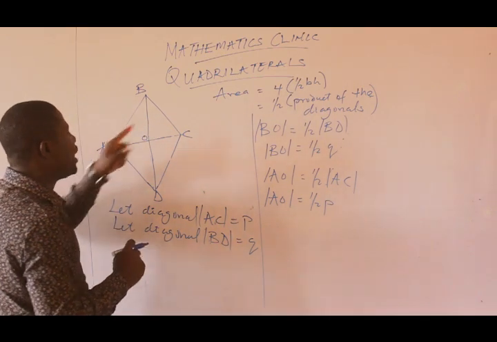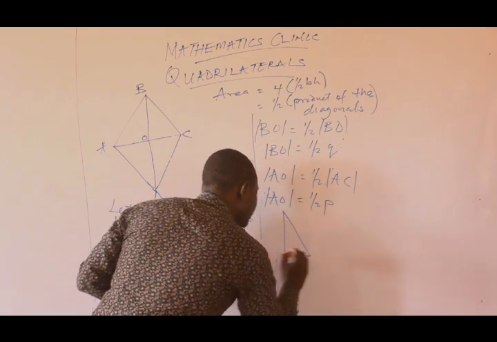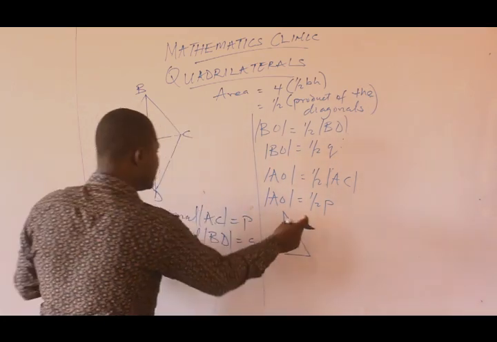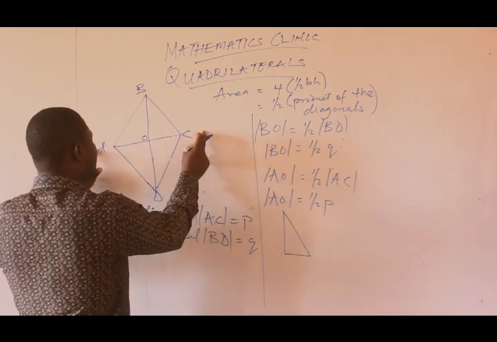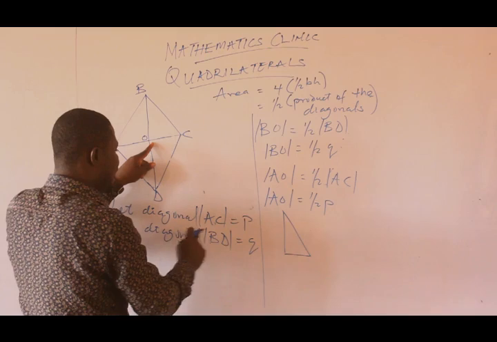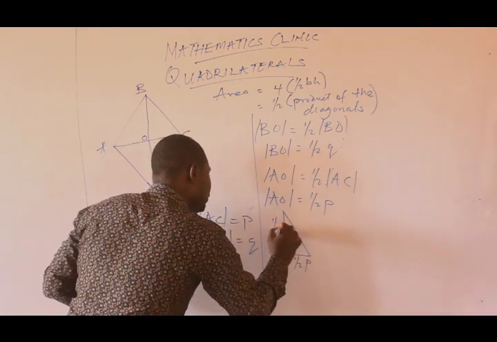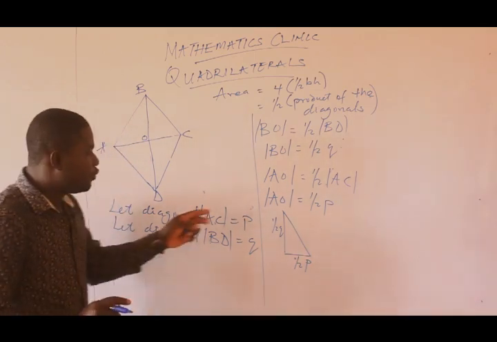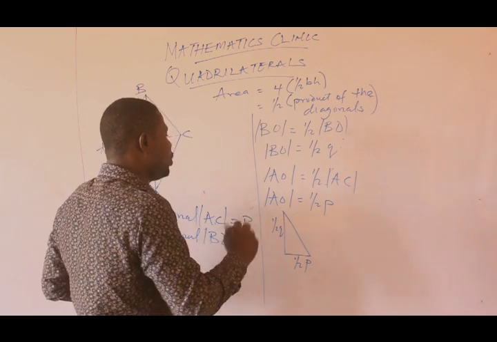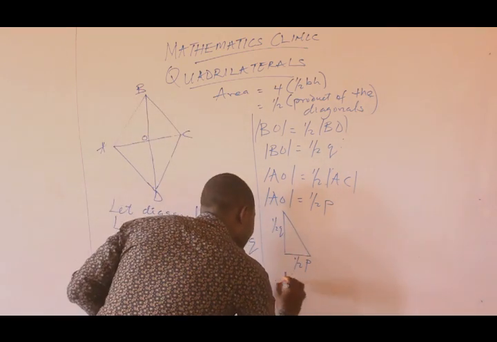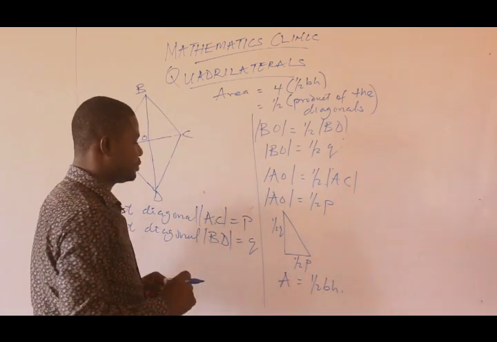Now from our right angle triangle, if we bring this out, this is OC, right? So OC is also half of AC, and that is half of P, and this is half of Q. From our basic understanding of right angle triangle, we said we have area as half base times height.